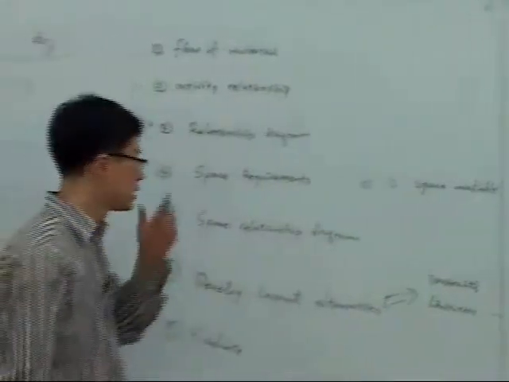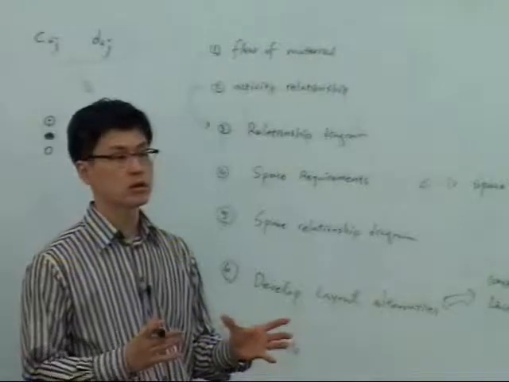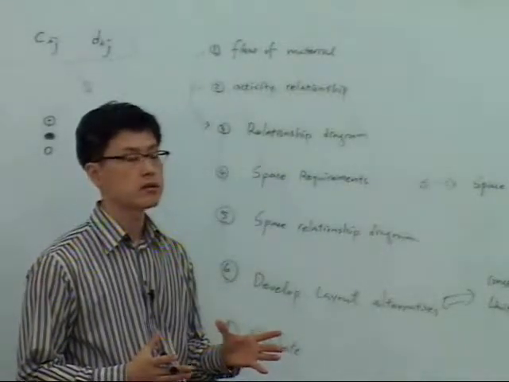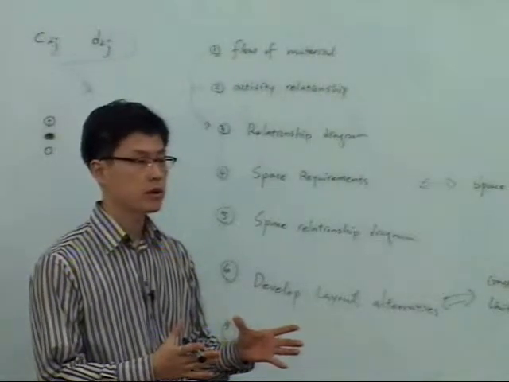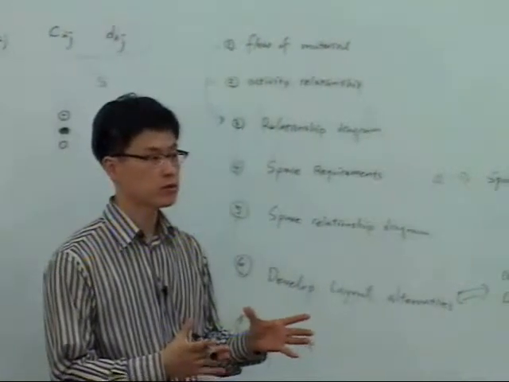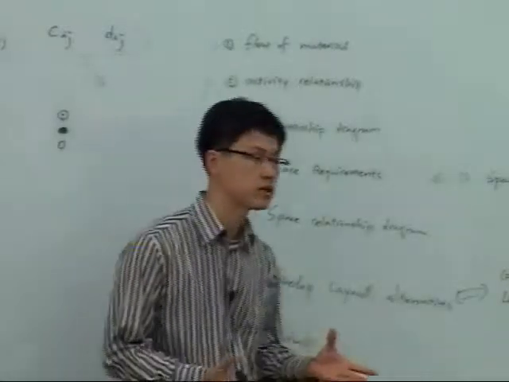For example, department number 1. This is a real problem, and department number 1 sometimes should be square because of some practical limitation.